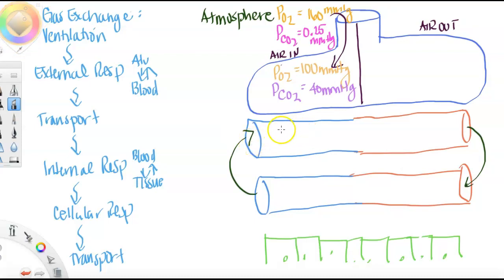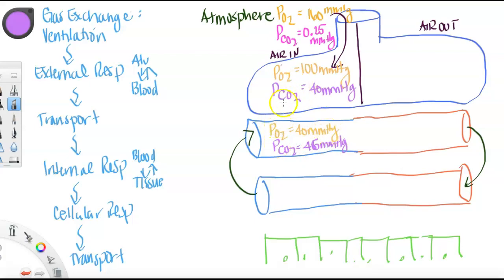So in the blood coming into the lung, the PO2 is 40 millimeters of mercury, and the PCO2 is 45 or 46 millimeters of mercury. We'll say 46, doesn't really matter.